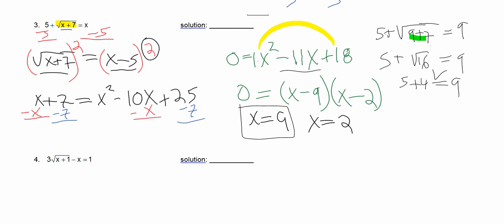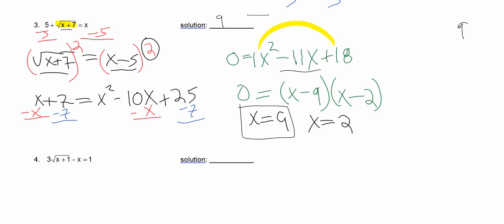Go ahead and record that solution up here in the box. x equals 9. And let me erase this area right here and use that to check the second solution. So I'll do this one in red. We're now going to test x equals 2. So we have 5 plus the square root of 2 plus 7 equals 2.